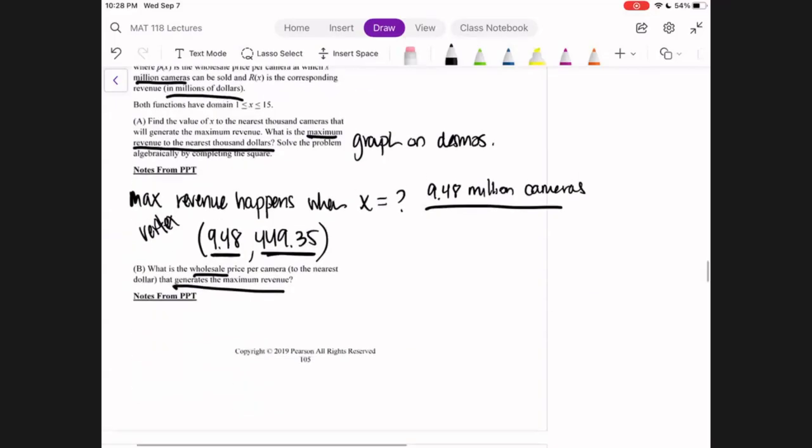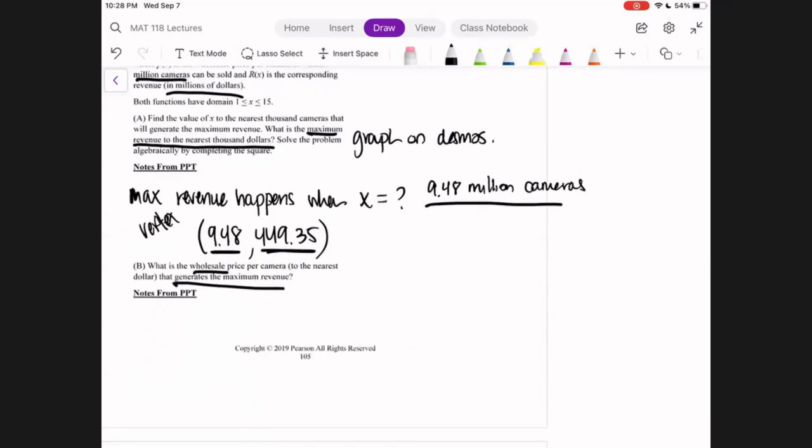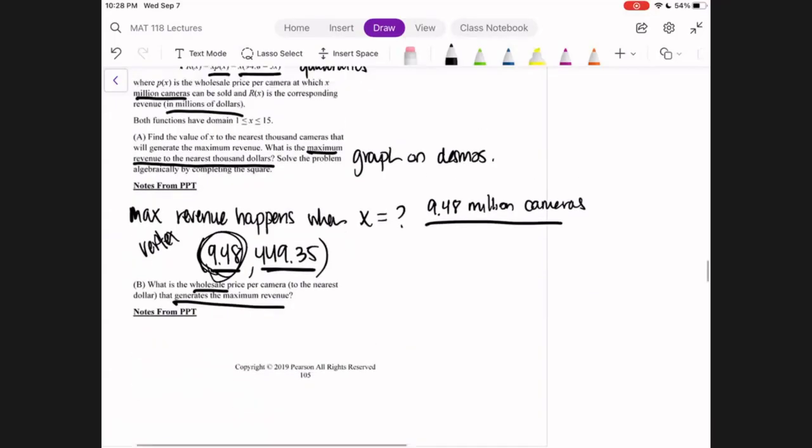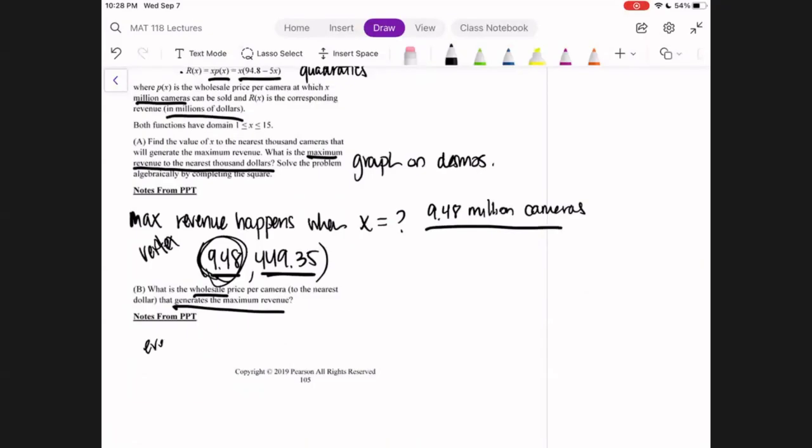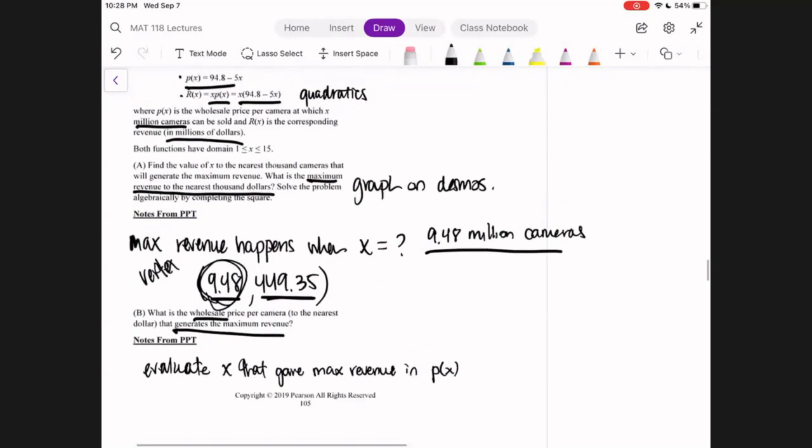So how would I get the wholesale price? So what does that mean is I need to figure out, well, how many cameras would I need to sell? And then, so evaluate X that gave max revenue in your tiny p of x. So that is 94.8 minus 5 times 9.48.